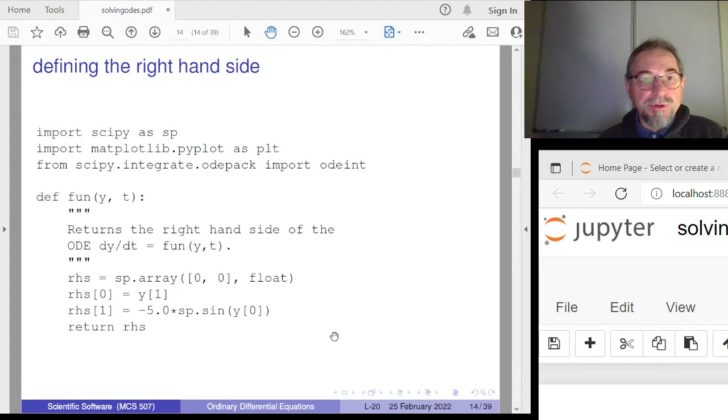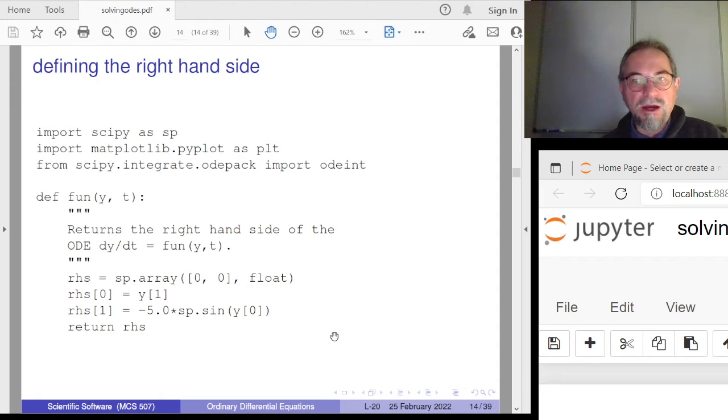So we need to provide a function that defines the right hand side. The left hand side will always be the derivatives. So what we actually are saying with the right hand side are the derivatives.